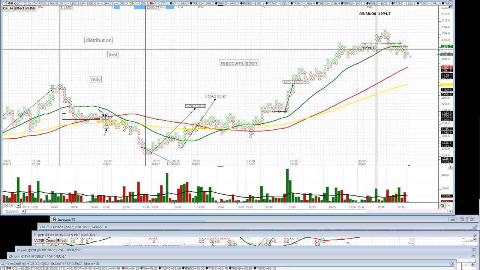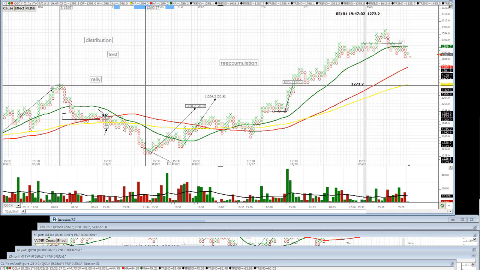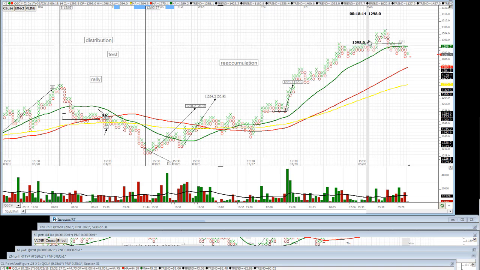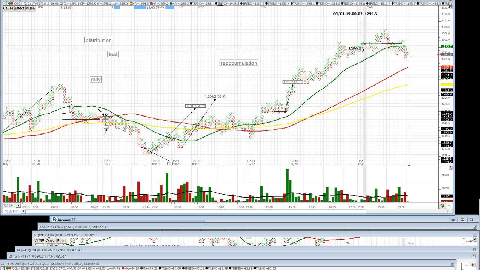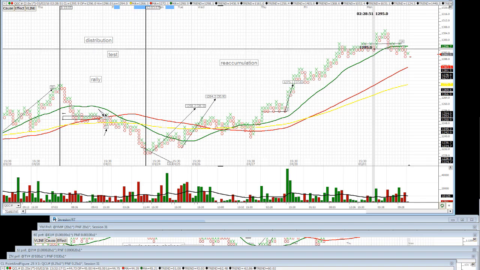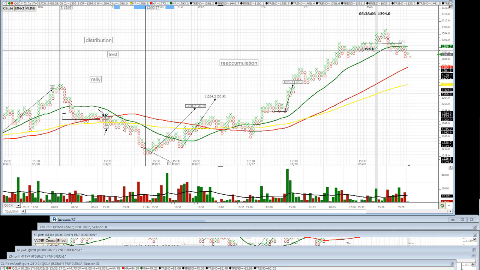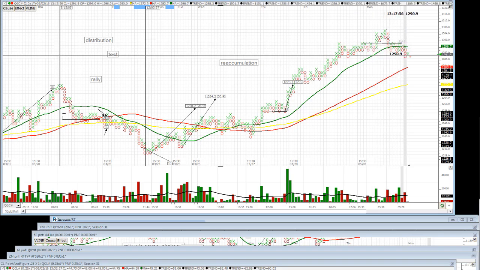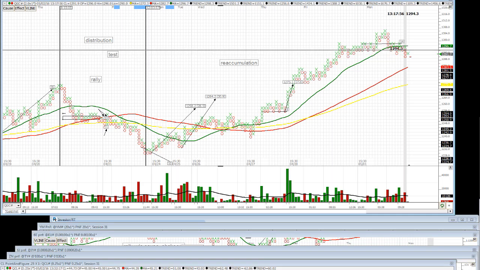So we know that the first line of support was right here, right before the rally, and this is the ice. Okay, that ice area has been broken. So the 1294 ice area has been broken, and it tried to reclaim, but it failed. That's really important.